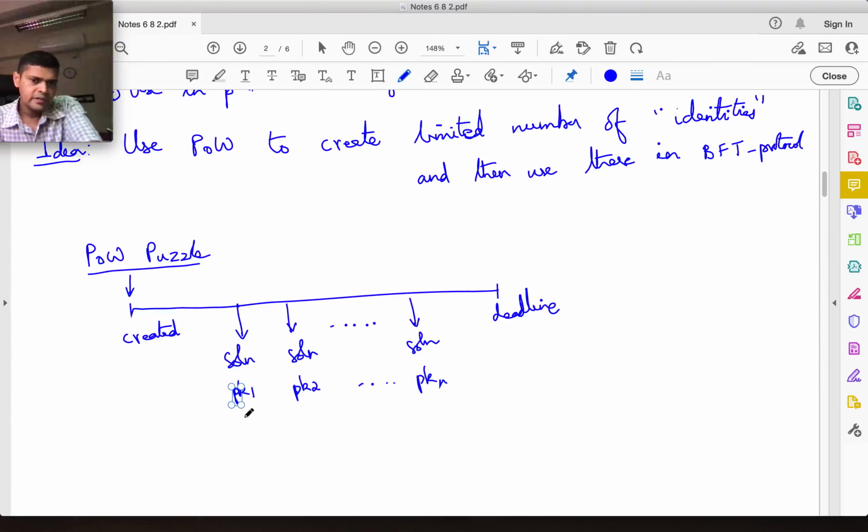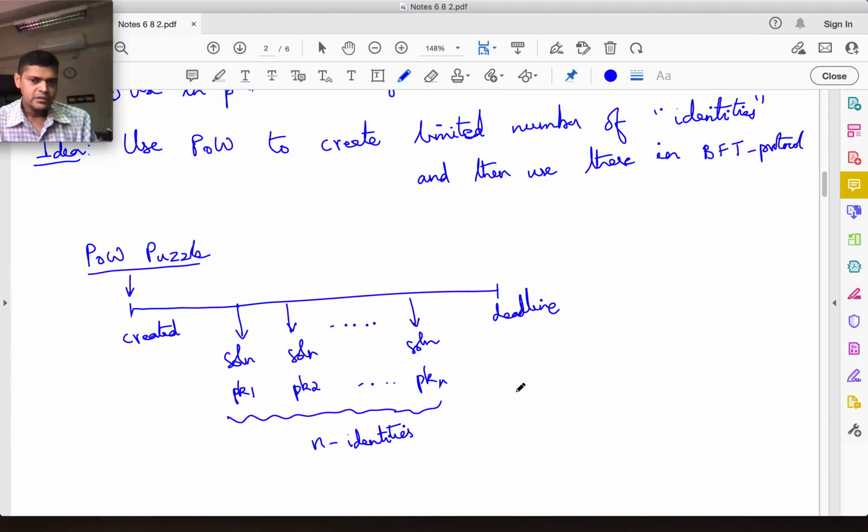Now at the end of this, there are now n identities. Okay, so we have n identities now, and with this we have solved the Sybil problem, in that nobody can create an arbitrary number of identities.